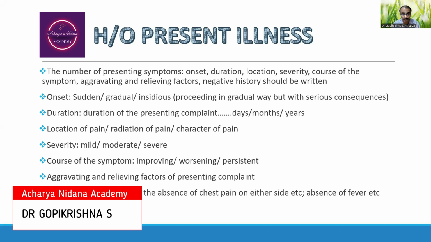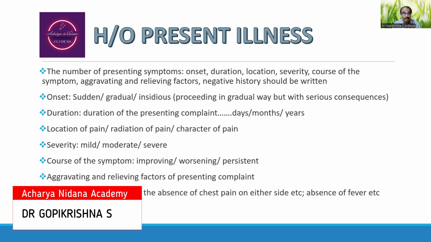Afterwards, if the person presents with pain, then location of the pain, radiation of the pain, and character of the pain are important. When you think about location of the pain, for abdominal pain in the epigastric region, we are going to notice what organs are present in the epigastric region, and list out these particular organs.